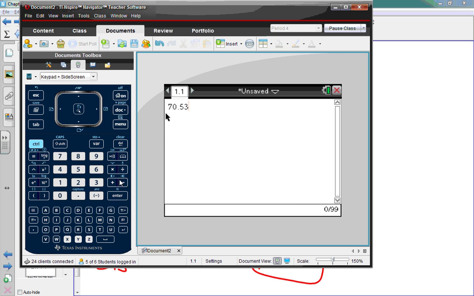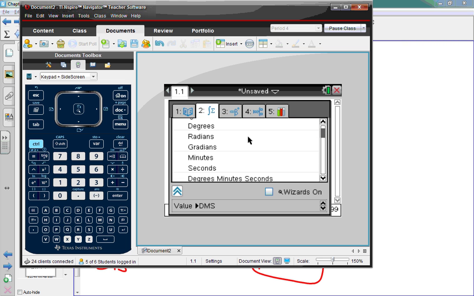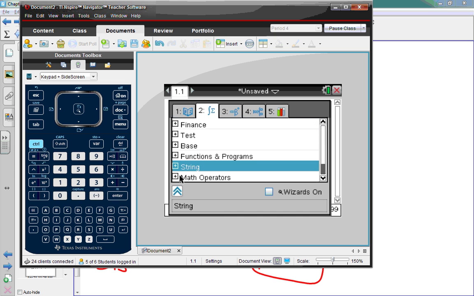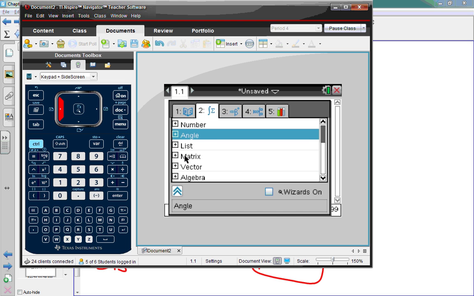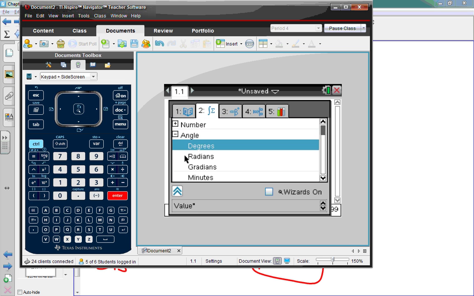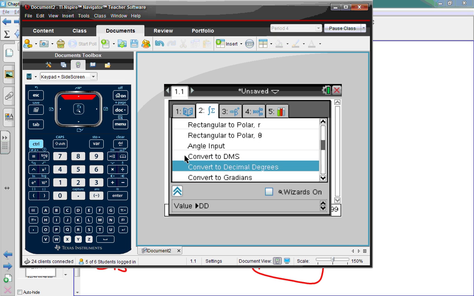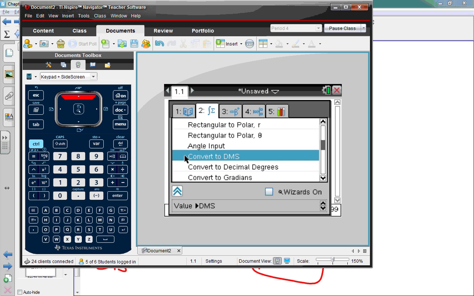Okay. All you have to do is go to your book here, go to 2, and make sure that you come down here to angle. When you're in here, and 2, hit angle, and then you're going to go all the way down and convert to degrees, minutes, and seconds.